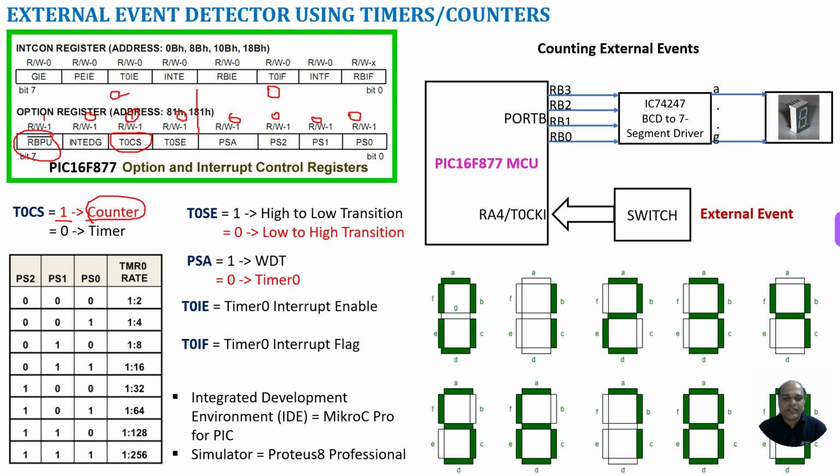Then T0SE I am going to set to 0, which means I am going to use a low to high transition on the T0CKI pin as an event.